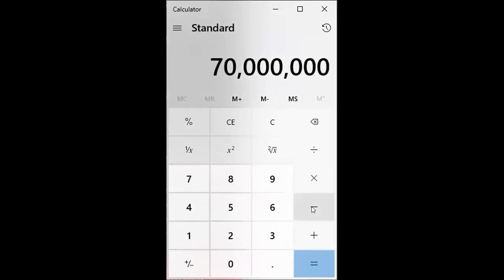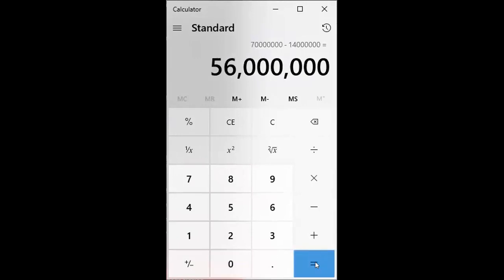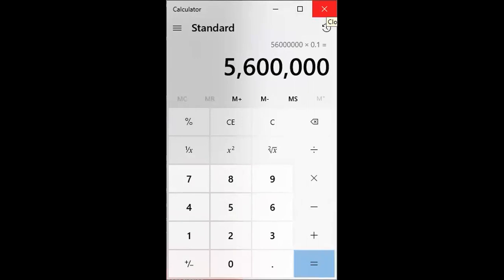Then we deducted 14 million, which was the depreciation. Then we got 56. Then we attached the rate, which is 10%, and ended up with 5.6. So the one who asked for a calculator, I hope you have seen it. Let me close this. So let's look at the PDF.